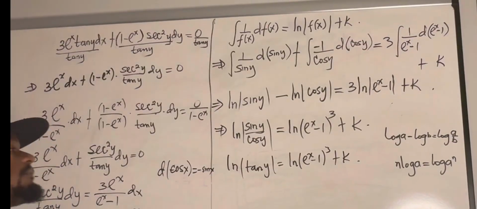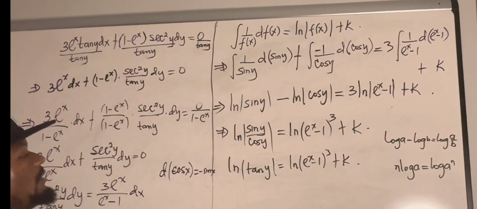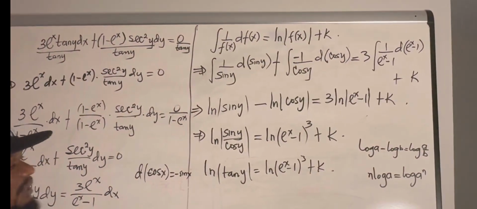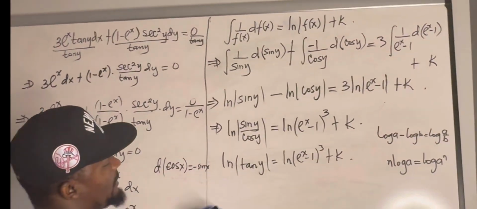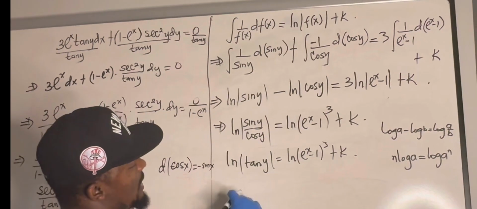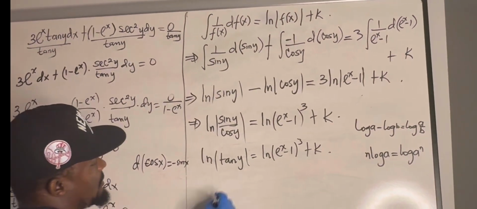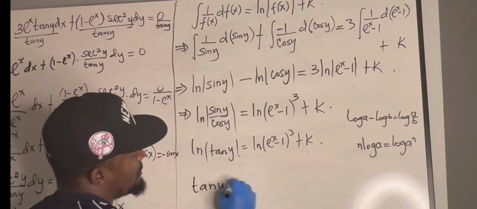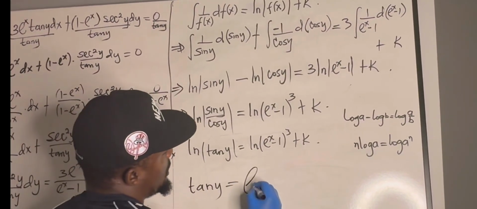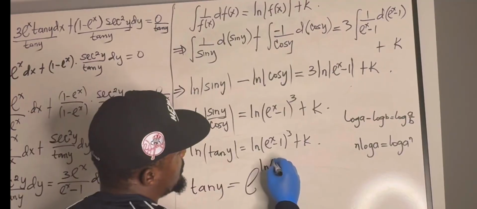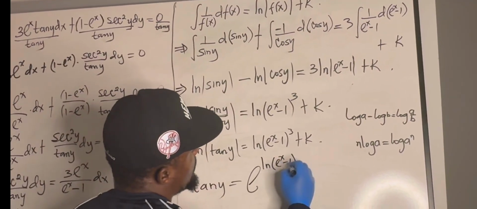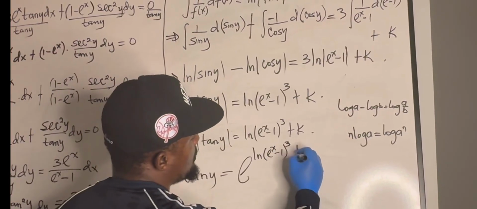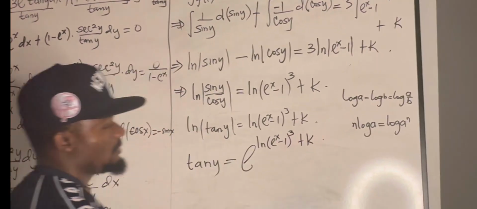How can I get rid of the natural logs on both sides to have tan y by itself? I can find the exponential of both sides. That means tan y is equal to the exponential of ln of exponential of x minus 1 to the power 3 plus k.